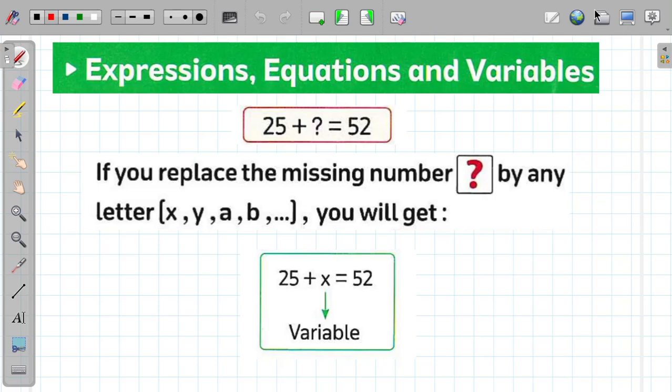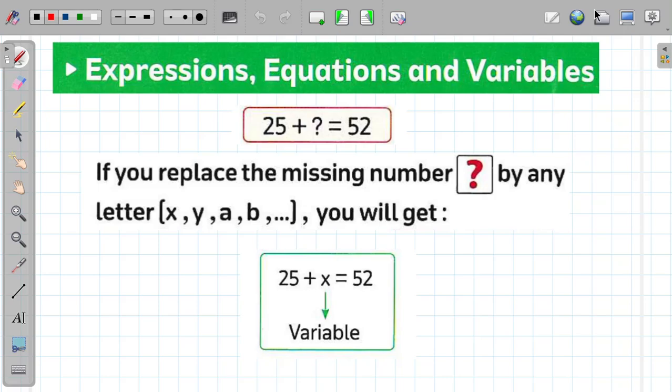If we have two numbers, like I have 25 and 52, what is the difference between 25 and 52? Or what is the number that we can add to 25 to reach 52? Okay, so I have now an unknown number. I have a missing number.